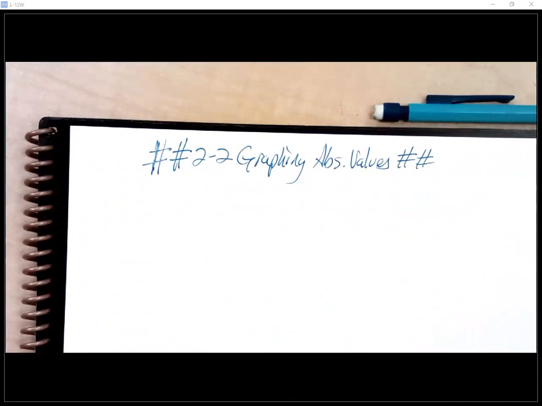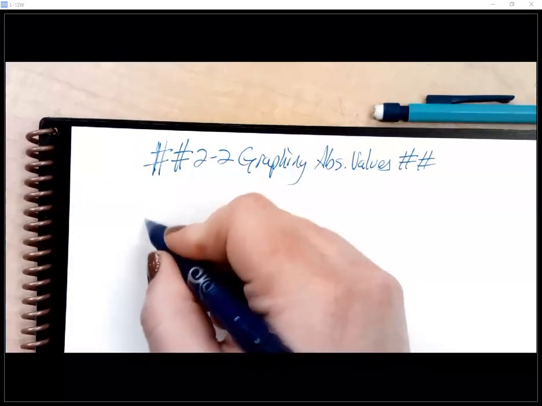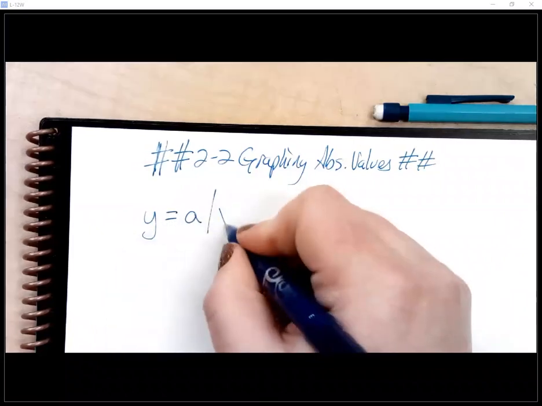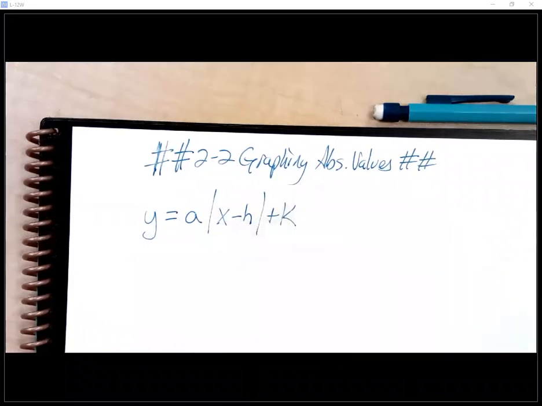So there's a general form for these. You might have seen this, the h and k business before. Have you ever seen this? Maybe when you did parabolas at some point? So we're going to talk about these quite a bit.